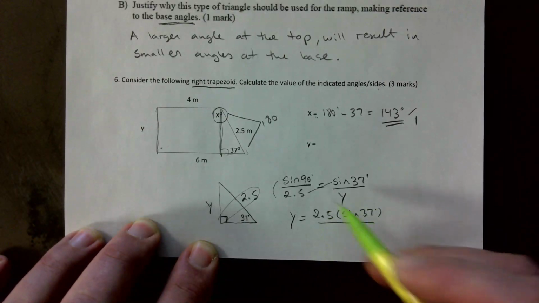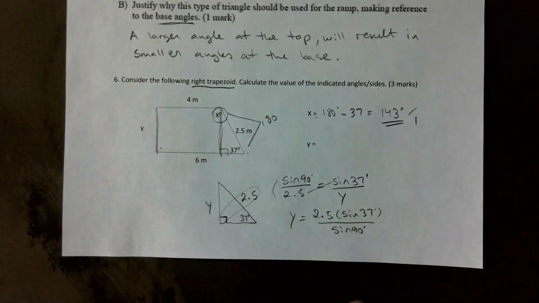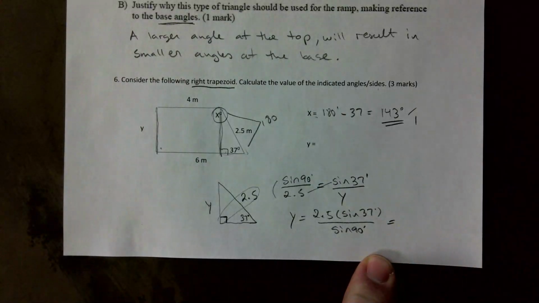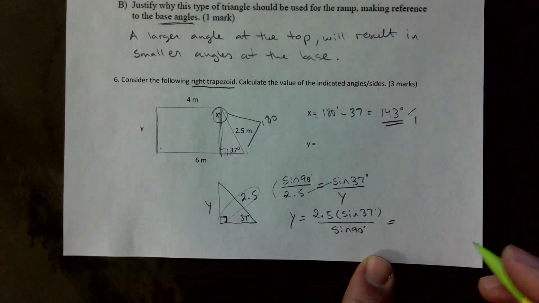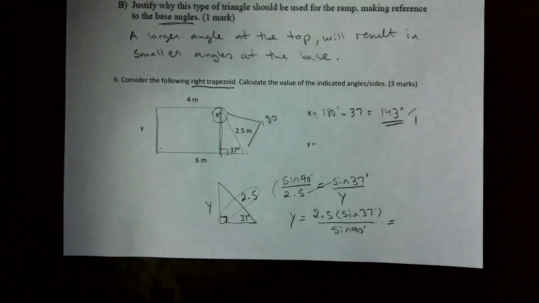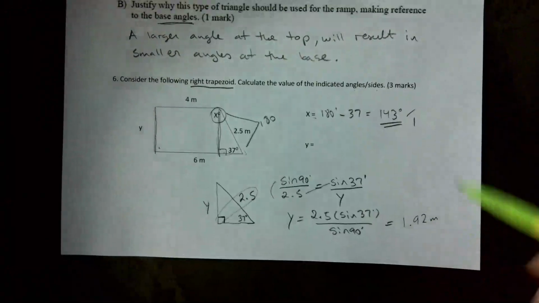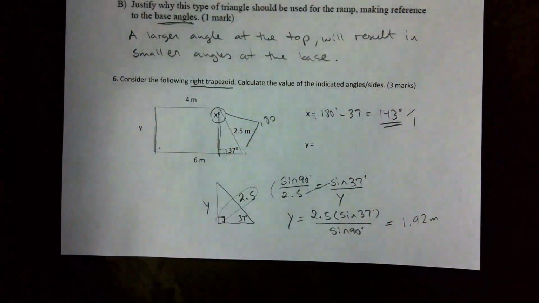It's 1. And so this gives you, use it. So this is a bit controversial. The sine law gives you 1.92. If you use Pythagorean theorem, you get 1.5.